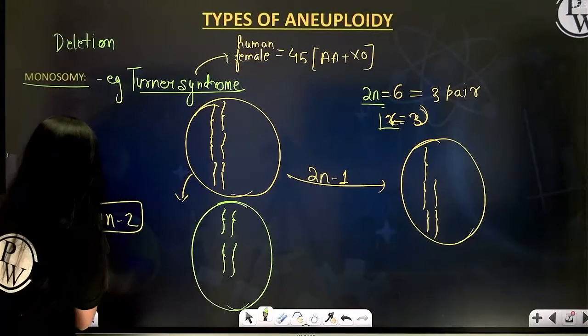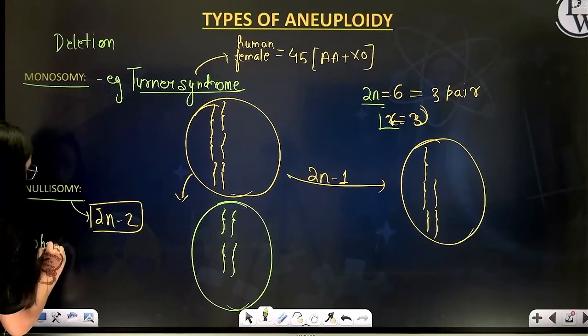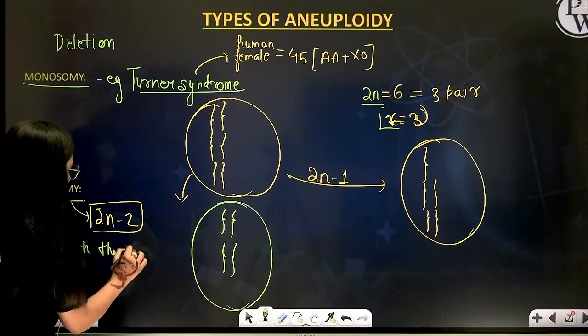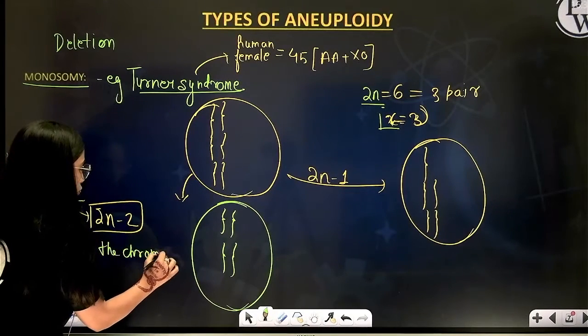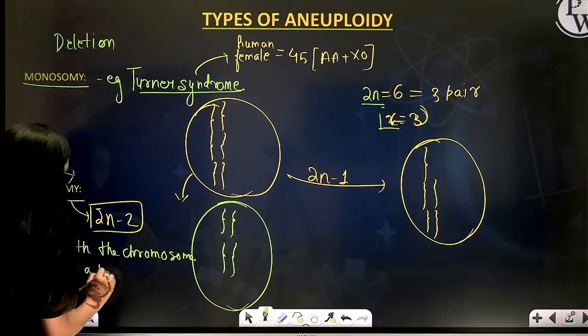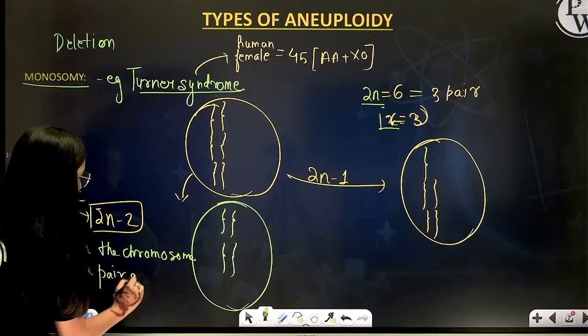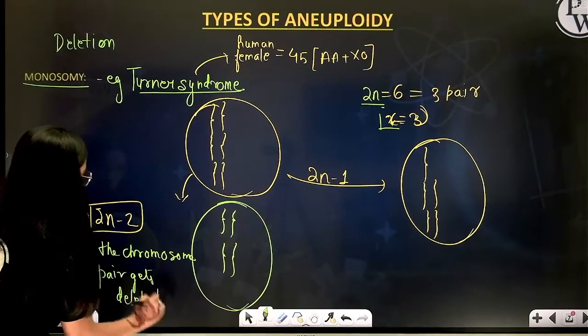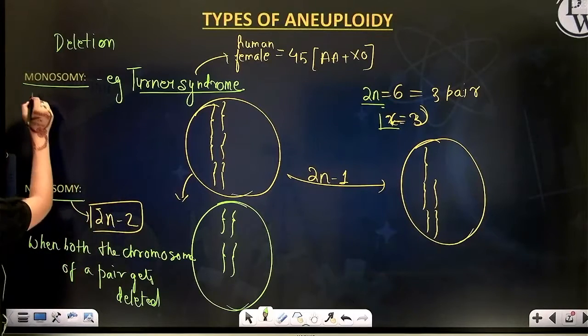So when both the chromosome of a pair gets deleted, so condition becomes nullisomy 2n minus 2.